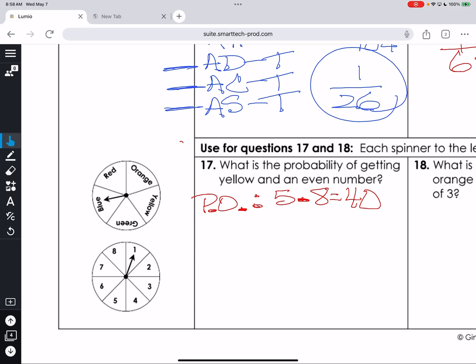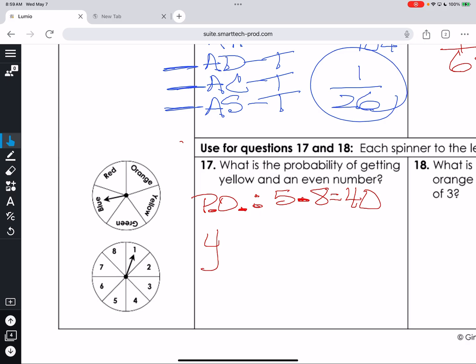So the probability of getting yellow when you spin, how many yellows are there? 1. So we're just going to write down a Y. That would be our answer. But we got to get an even number.